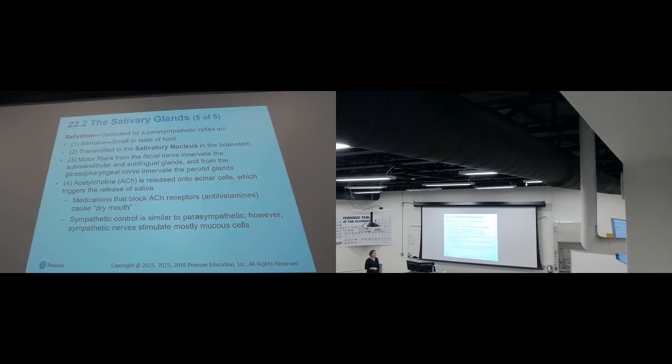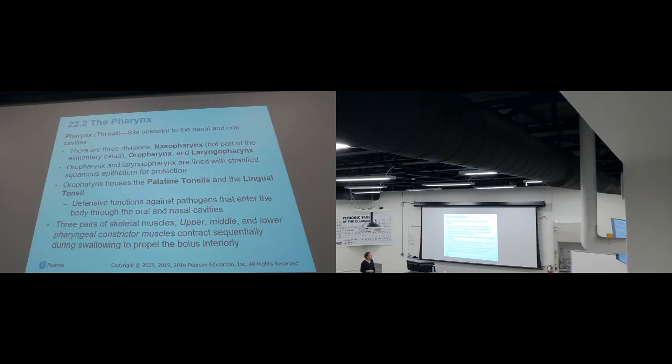In the case of the parasympathetic system, it stimulates more serous glands or serous cells to stimulate the production of saliva that is serous, that is more watery. But in the case of the sympathetic system, it stimulates more mucous cells so that the saliva is a little bit thicker. Okay, so those were the details about the salivary glands and salivation.